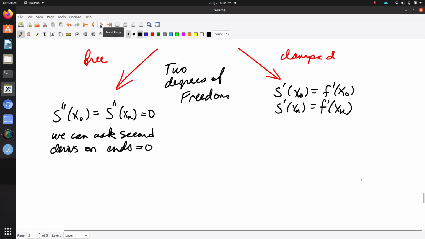So if you don't know what the derivative of f is there, you might just prefer a free cubic spline, or there may be some other reason why you prefer it. Okay, so you can choose the two outside derivatives. Those are two choices you have.